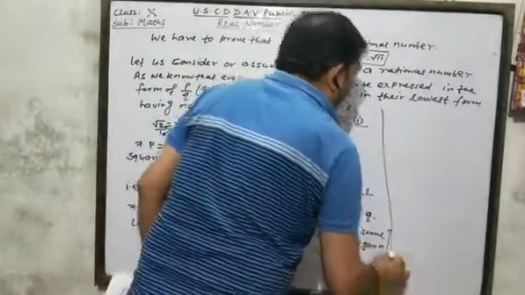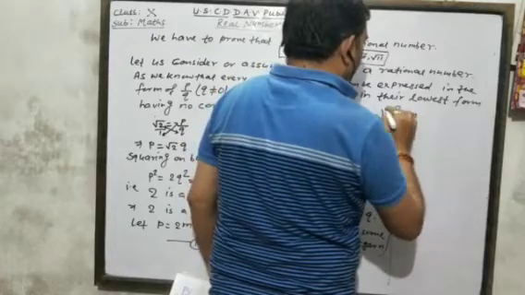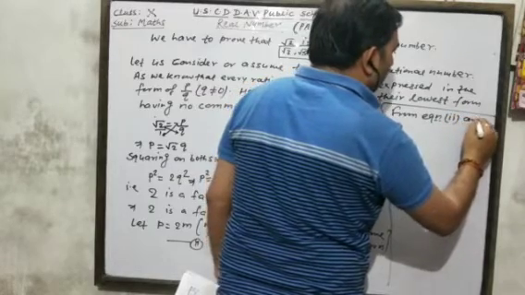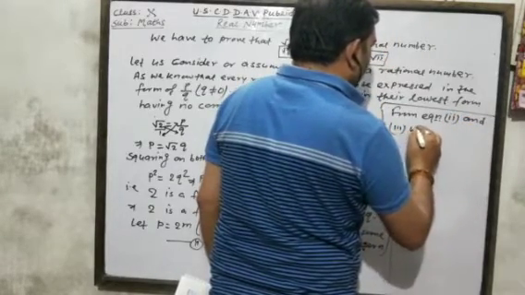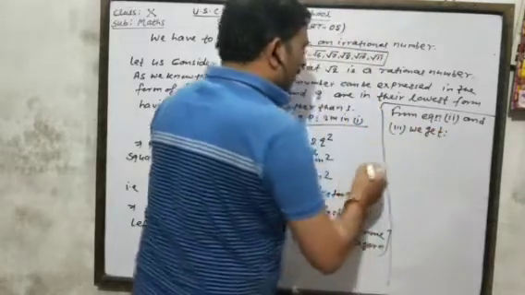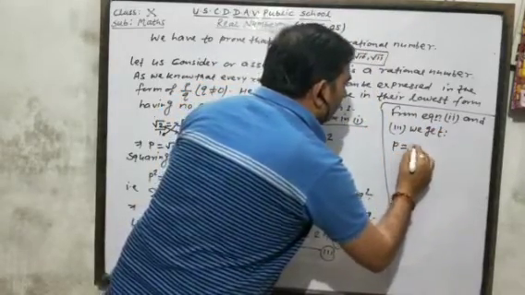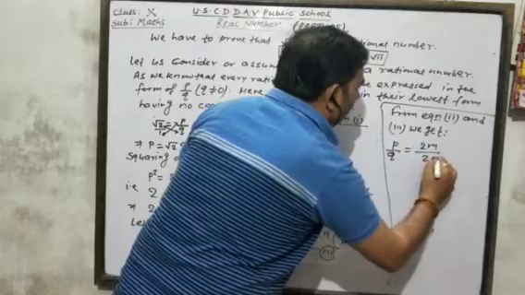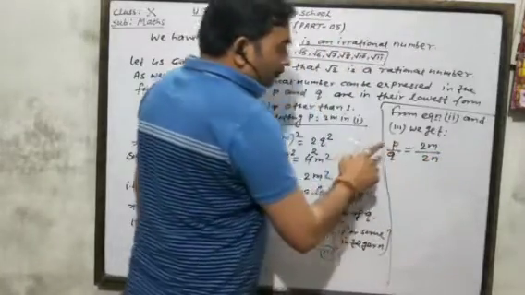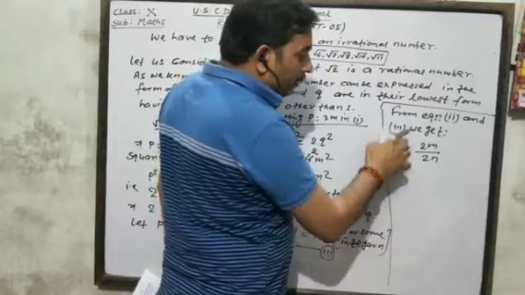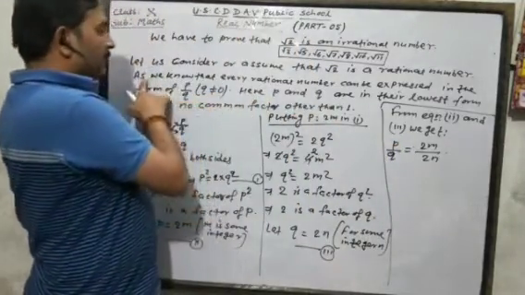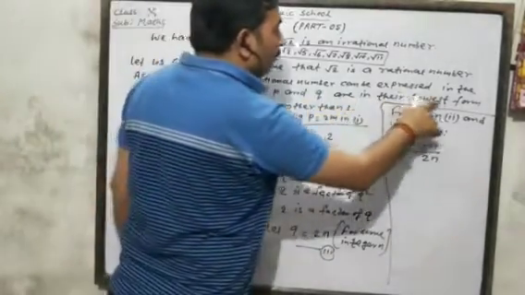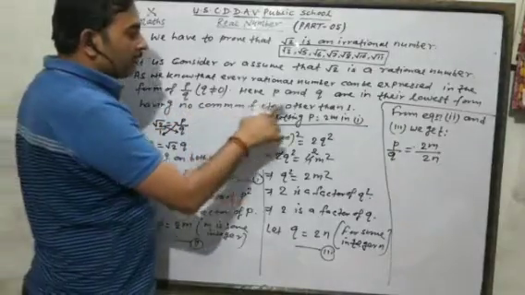So from equation second and third we get p by q is equal to 2m by 2n. Now look here carefully. What have we supposed? We have supposed that p and q are in their lowest form, having no common factor other than 1.